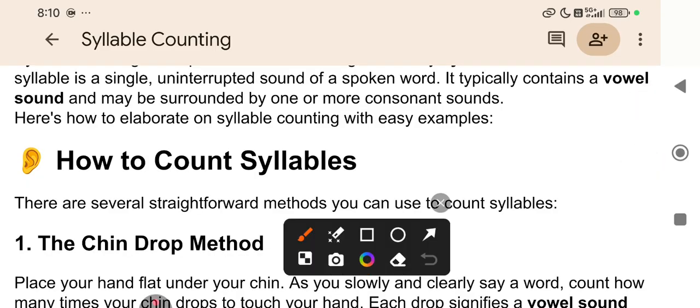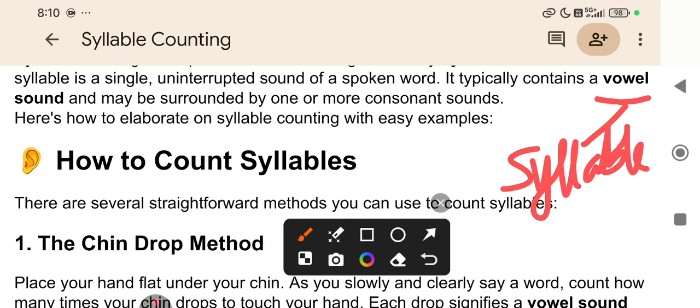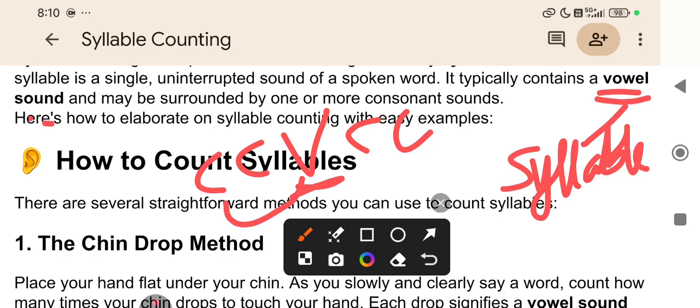The vowel sound is the core part of a syllable, and the consonants may or may not be part of it.